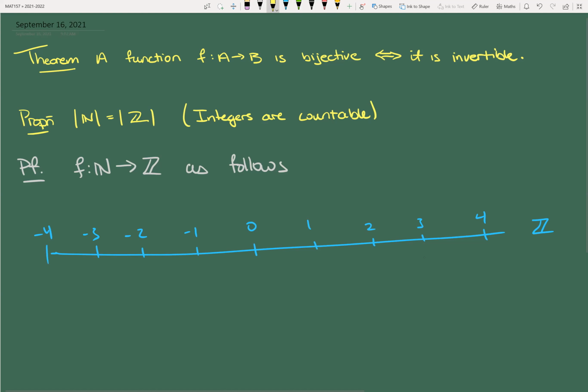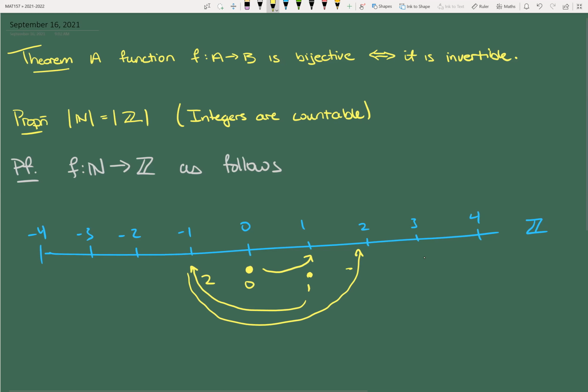So basically, this is what I'm going to do. Let's pretend for now that 0 is a natural number. So 0 is going to map to 0. And then I am going to come over here, and 1 is going to map to 1. And then I'm going to come over here, and this is going to be what 2 maps to. And then I'm going to come over here. This is going to be what 3 maps to.